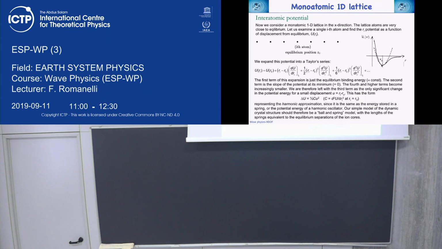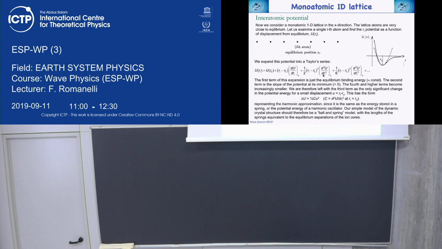That's a potential. So you can write that potential using a Taylor series. So the value at the minimum, the derivative at the minimum, but wait, it's a minimum, so it's 0, and this term here. Then additional terms that will modify the parabolic curve trying to fit better that curve. But if you stay near to the minimum, it's a parabola.